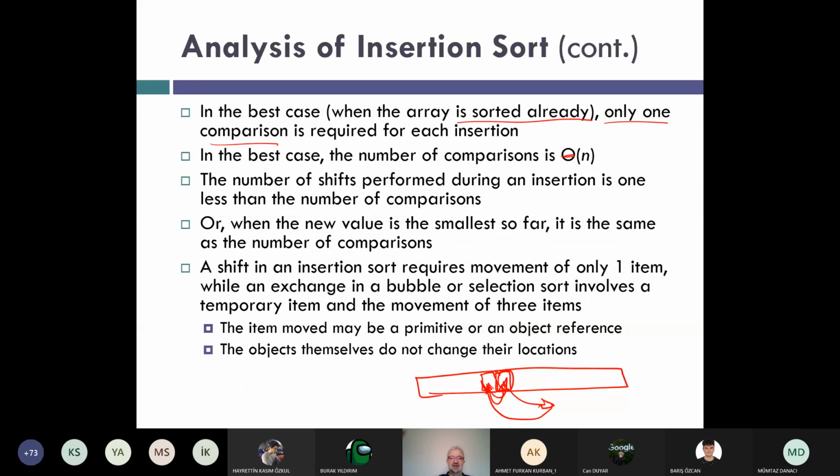So the shift in insertion sort requires one data movement, while exchanges in bubble sort and selection sort involve three items to be moved, right?